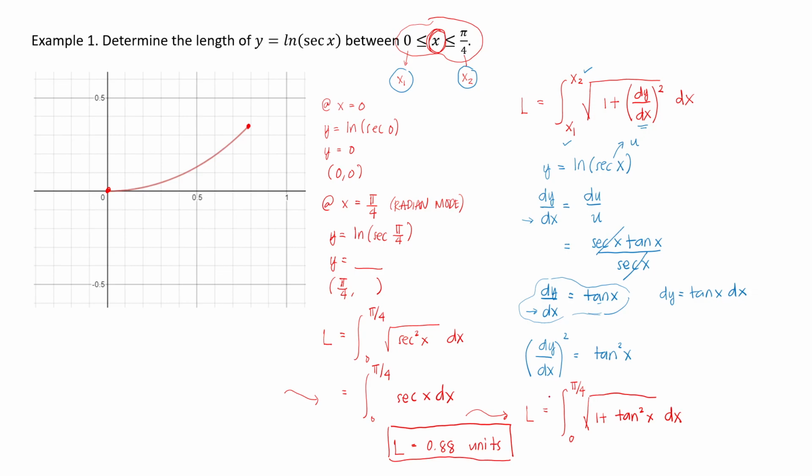So again, you may simplify the equation and obtain a simpler version to get the answer faster. So 0.88 units. And don't forget to put your calculator in radian mode because you are applying pi over 4 as one of the limits.